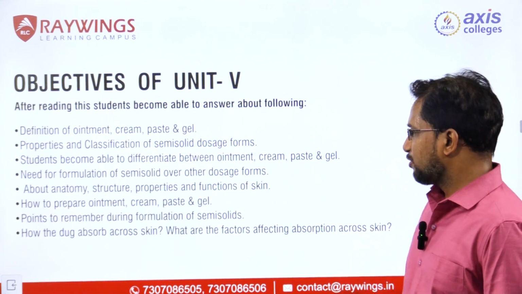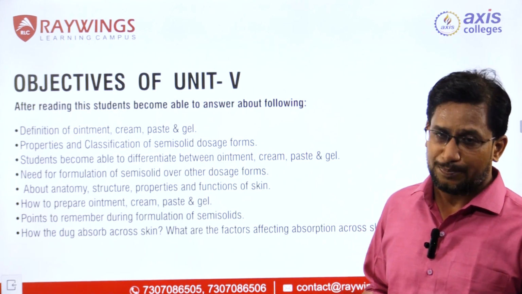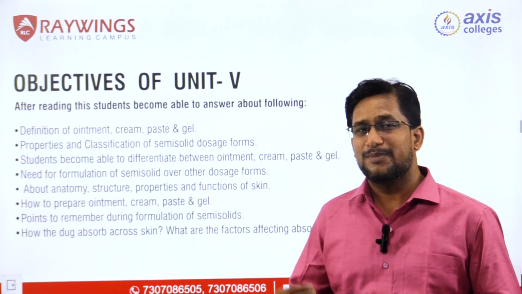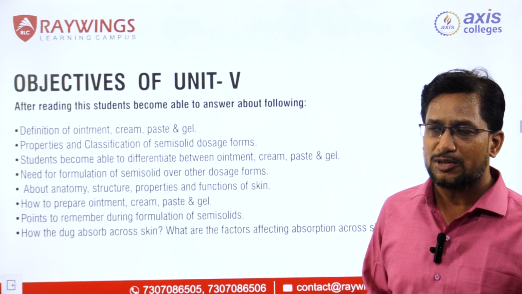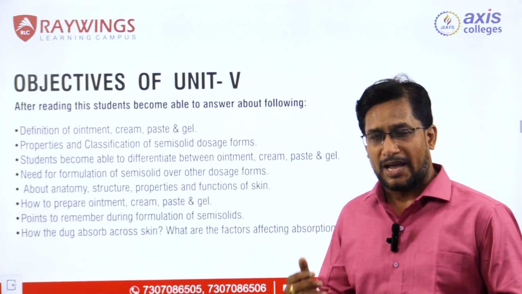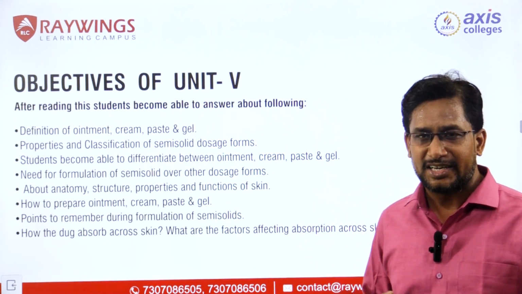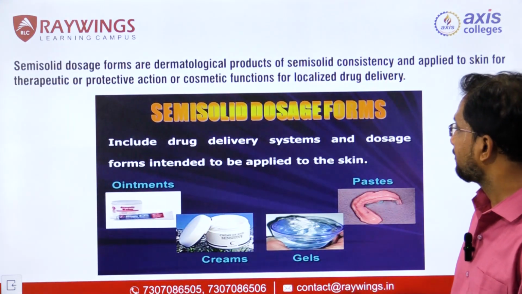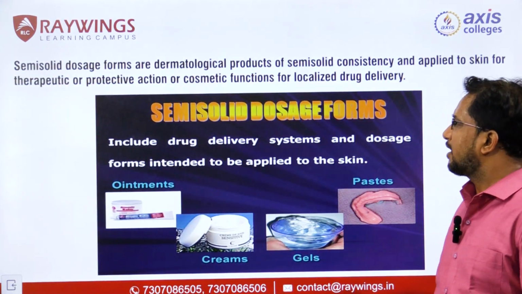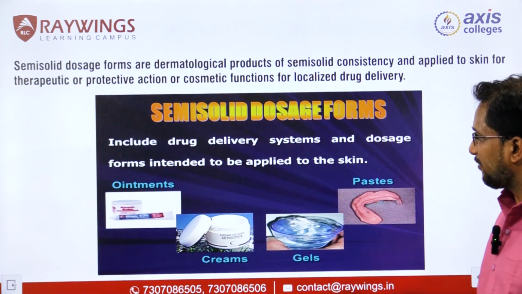After the study of unit fifth, students understand how to prepare, package, store, and deliver semi-solid dosage forms. Semi-solid dosage forms are delivered or applied by the topical route, intended to be used on the skin. They are dermatological products of semi-solid consistency applied to the skin for therapeutic or protective actions.